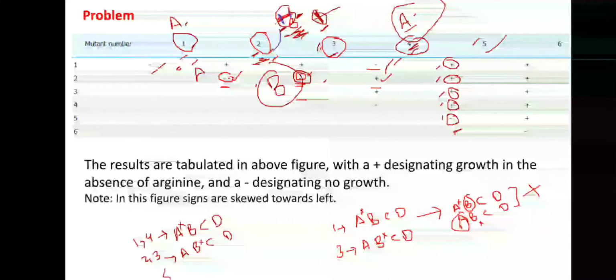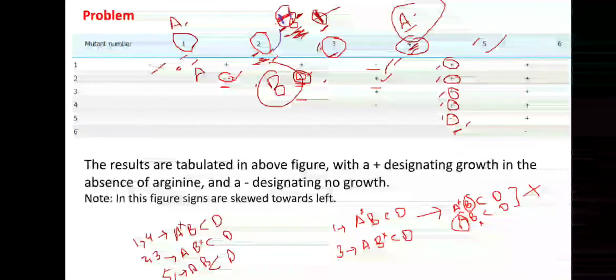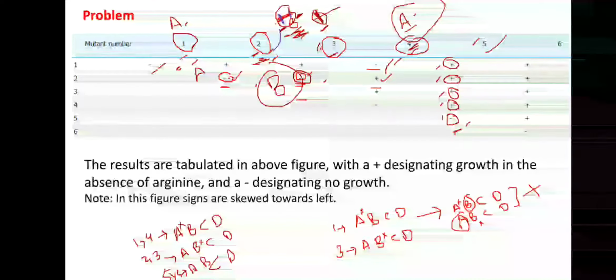Now, fifth number came. First, we have to always look into the selfing part. So this is the selfing part. What selfing says is that when the mutant 5 was crossed with mutant 5, there was no plus state.